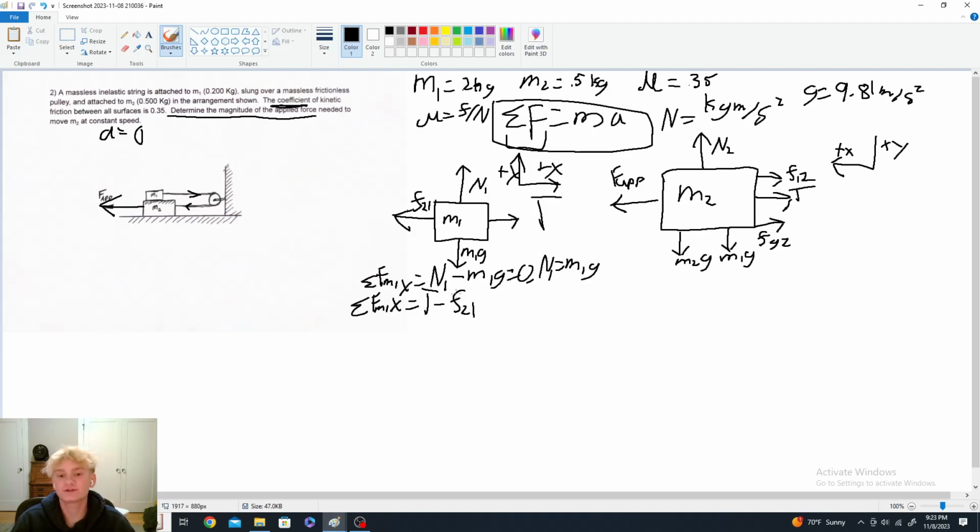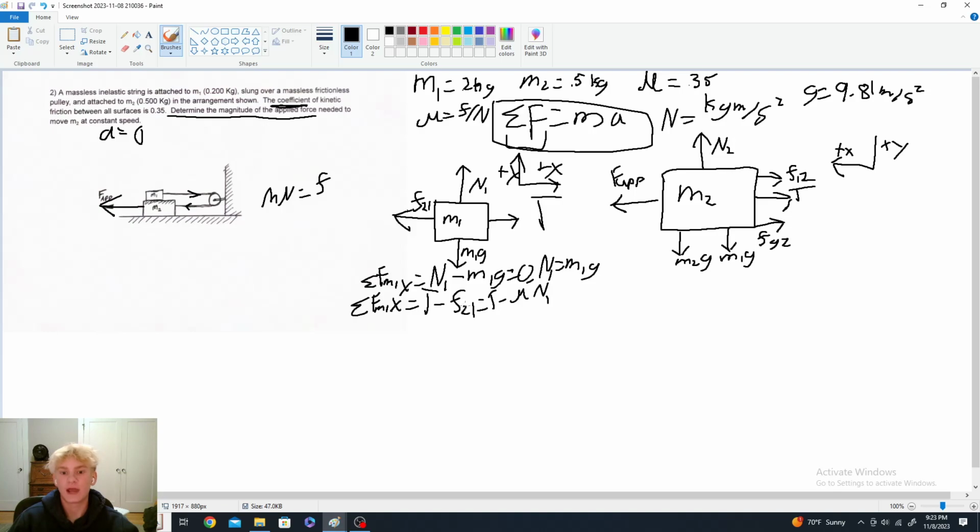But we can rewrite it to a point where we can figure it out. So, like I said before, the coefficient of friction, mu, is a ratio of friction over N, right? And we know N here. So if we multiply N on both sides, we get mu N equals the frictional force. So let's rewrite this as tension minus mu N1, right?